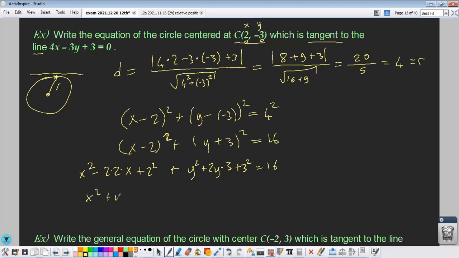So x squared plus y squared always in the beginning, and 2 times 2, minus 4x, 2 times 3, plus 6y, and 2 squared is 4, 3 squared is 9, 4 plus 9 is 13, and the 16 will move here as minus 16. 13 minus 16 makes minus 3. So let's move the equal here. Since 16 is also moved to the left side, there will be 0 in here.